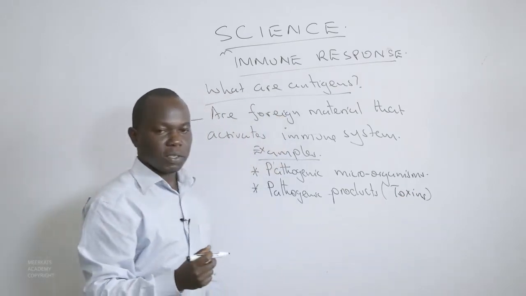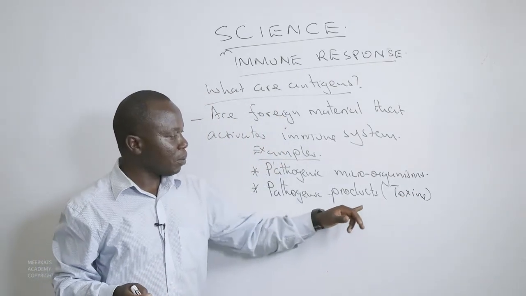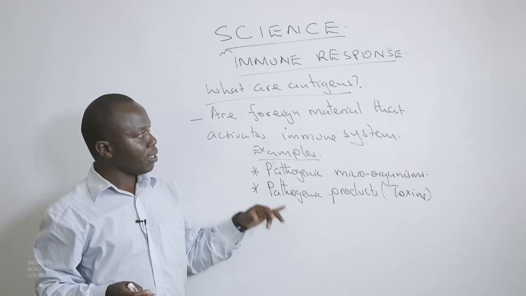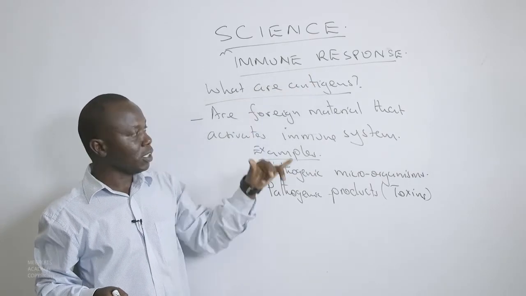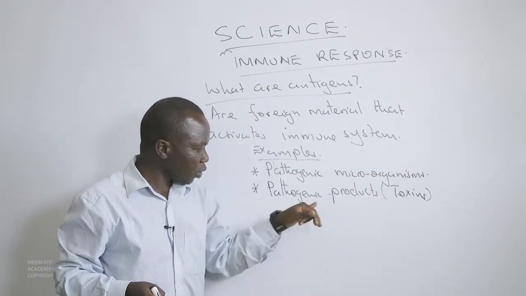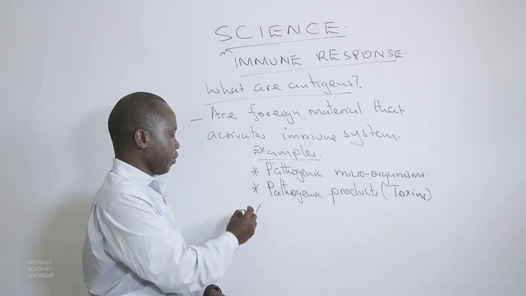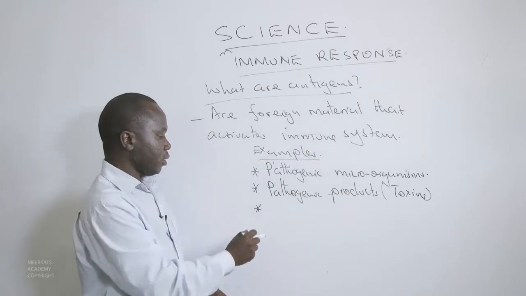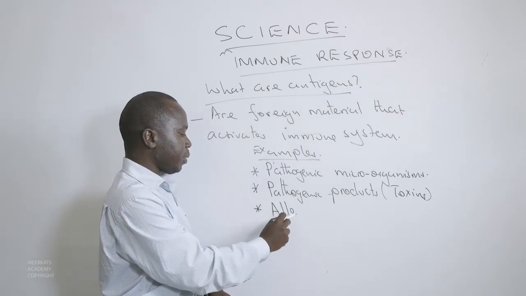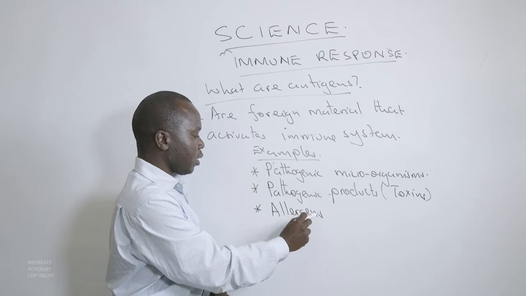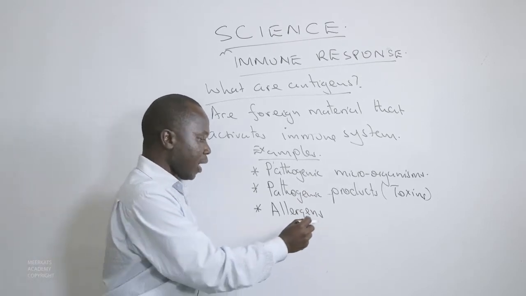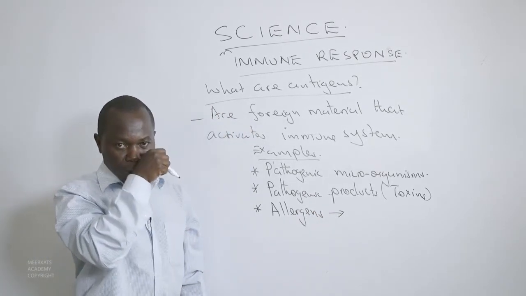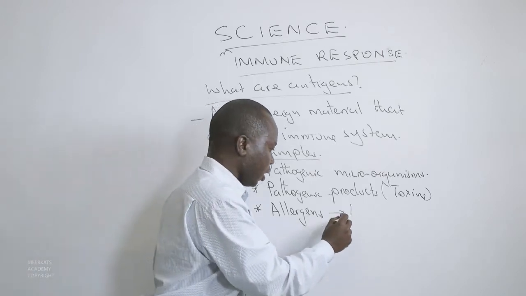We have pathogens or microorganisms that usually produce toxins, and the immune system responds to those toxins. Others that are antigens are substances called allergens. Allergens are the ones that cause allergic reactions.